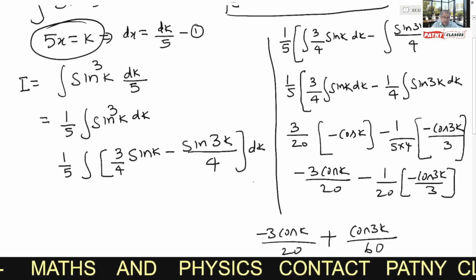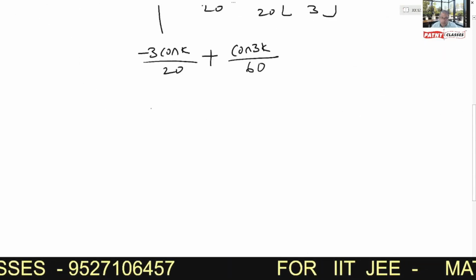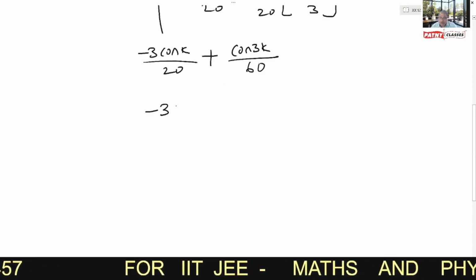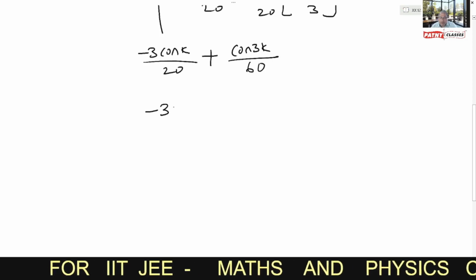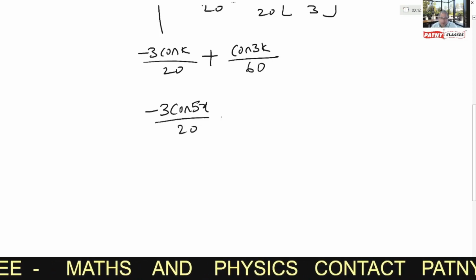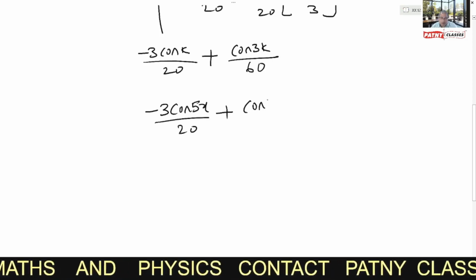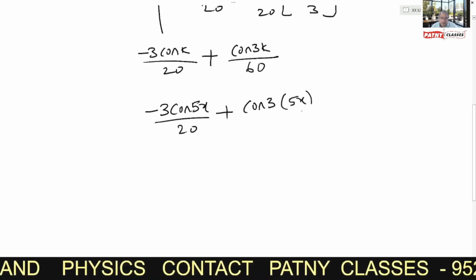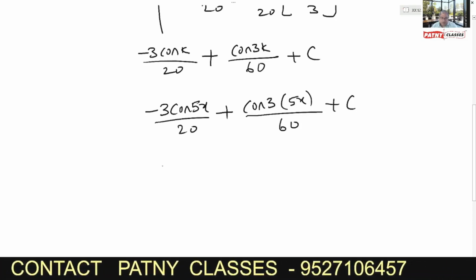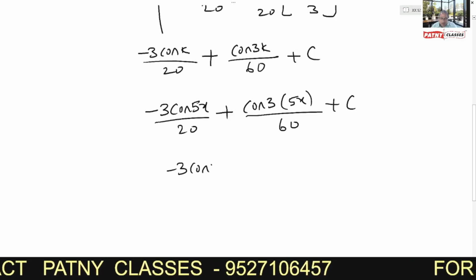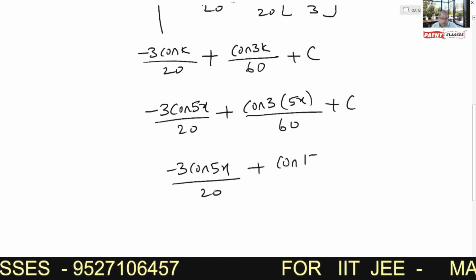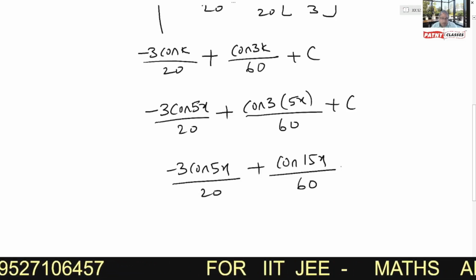So putting back that relationship here, it becomes minus 3 cos 5x upon 20 plus cos 15x upon 60 plus c, of course.